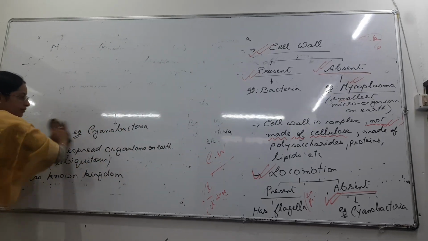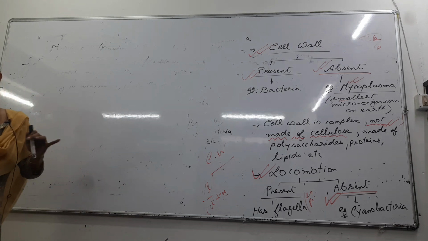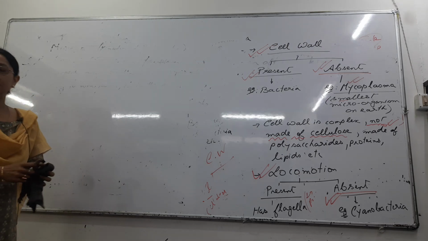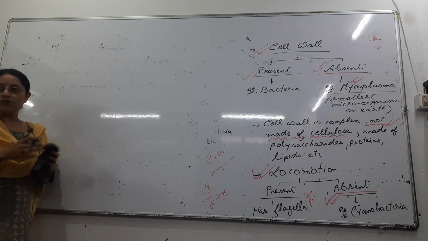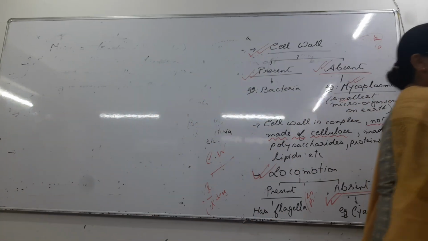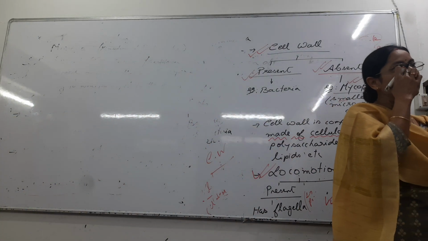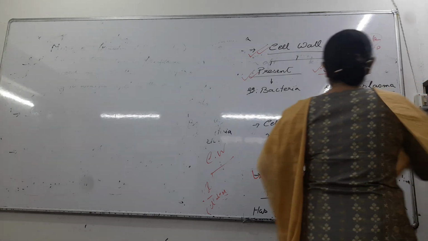Is it clear? Now we will go through bacteria in full detail. So how does the bacteria look like? What is the type of flagella it has? As of now, it is a thin thread-like structure. Suppose we are talking about this as a cell.